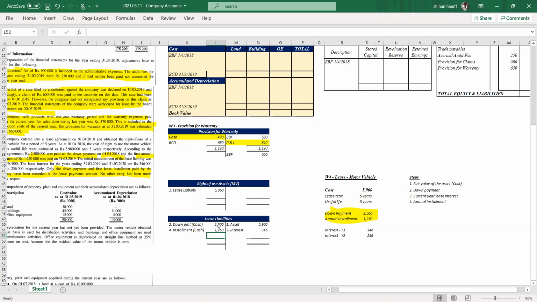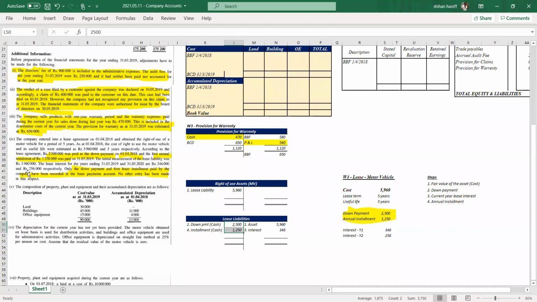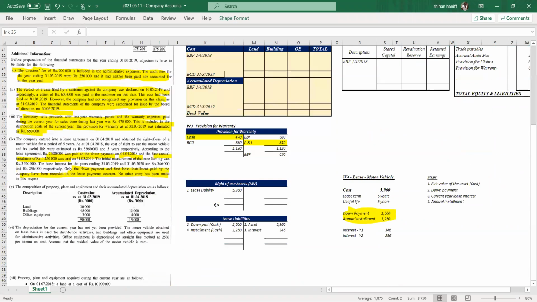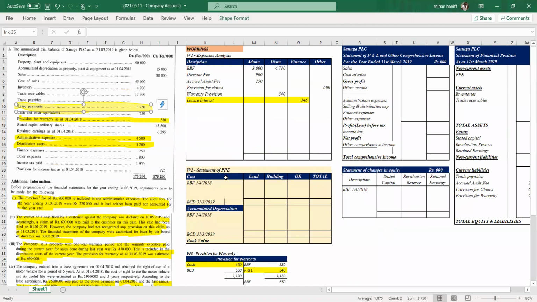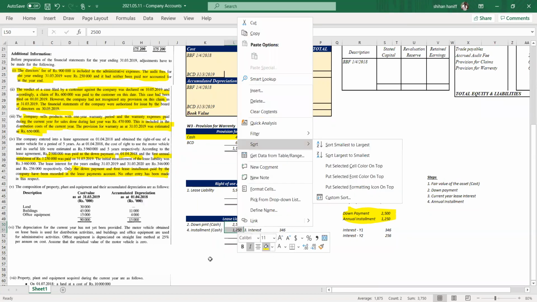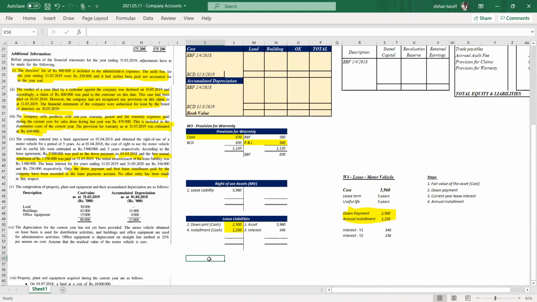Right? So this total cash payment, 3,750, was given in the trial balance. So we have to credit from here, and that is what we debited to the lease liability account. This total 3,750.